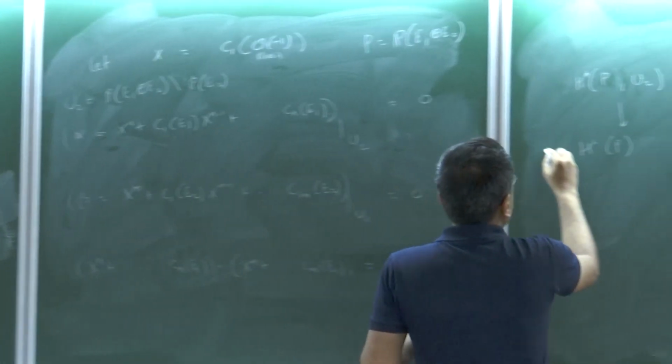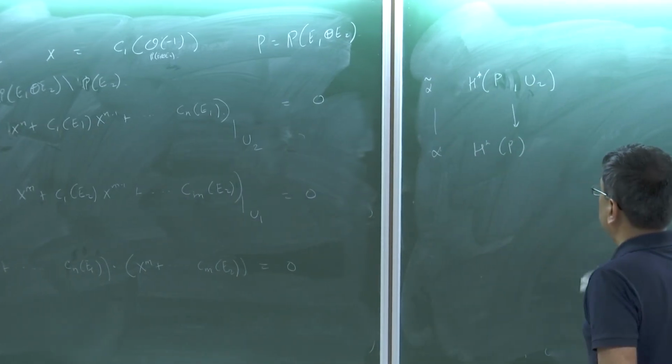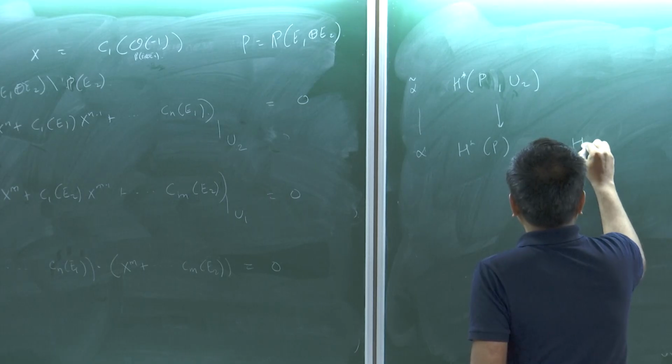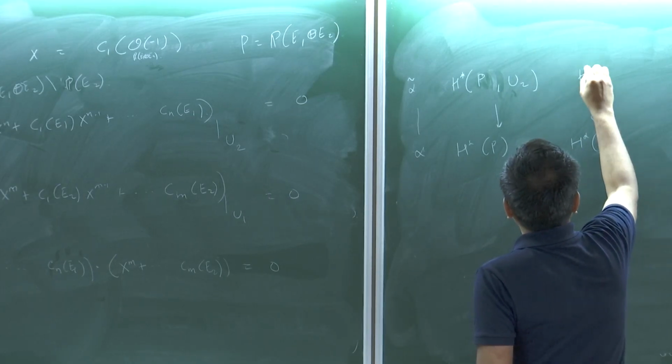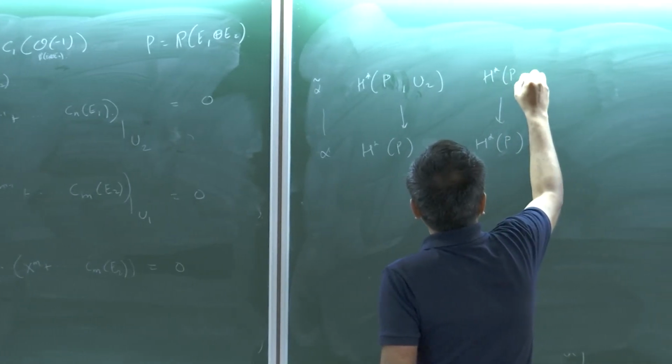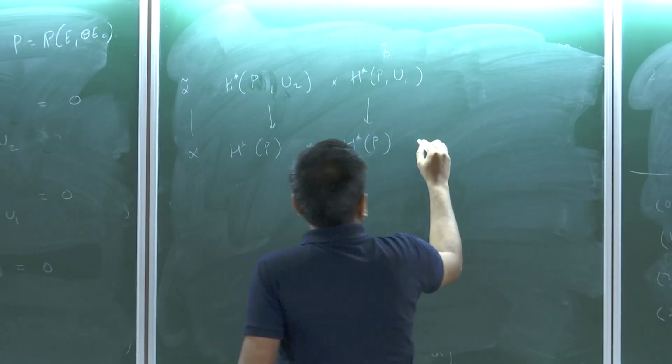So alpha actually lifts to a class in this relative cohomology group, and similarly beta lifts to a class in this relative cohomology group H star of P, U1. Let's call this beta tilde.